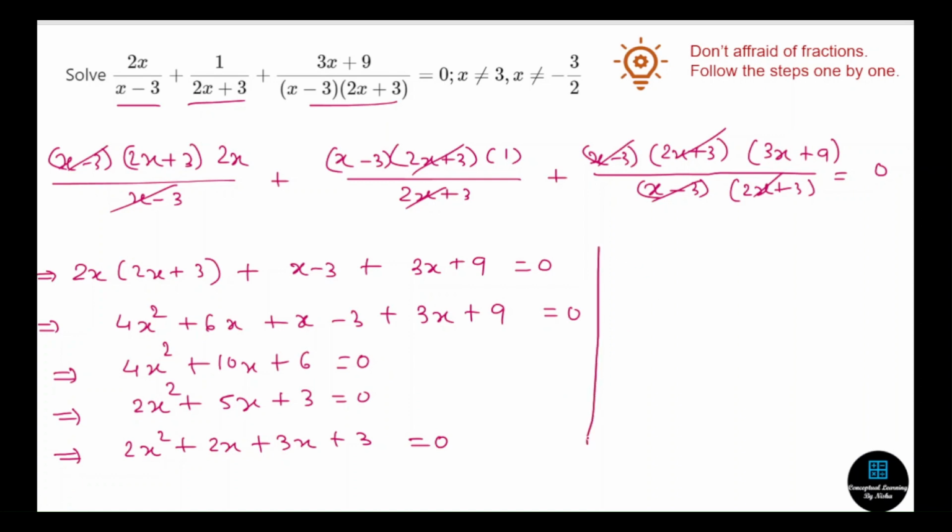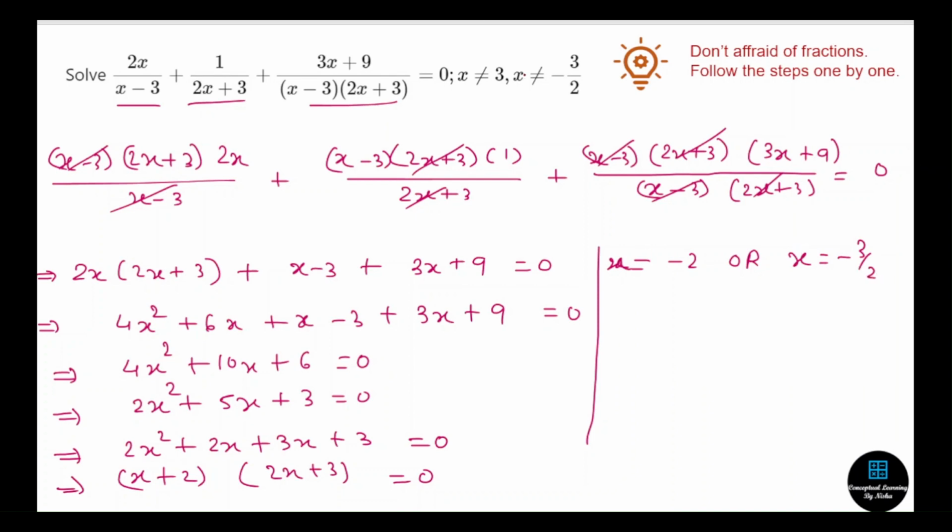So what do we get? The factors are, let me just write here, x plus 1 and 2x plus 3 equals 0. Now the zero product rule. So I'll get x equals minus 1 or x equals minus 3 upon 2.